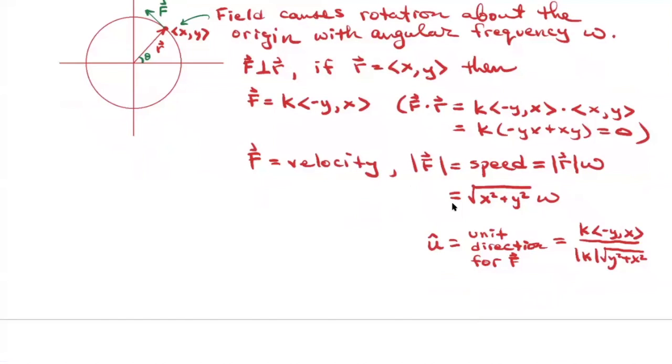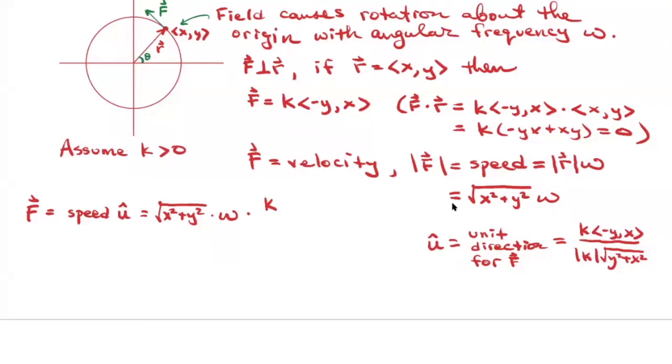If you put both of these together, the magnitude and the direction, the field has to be equal to the speed of the velocity vector times the direction of the field. The speed is the square root of x squared plus y squared times omega. And then the direction is just this k. We'll assume k is positive, so we're going counterclockwise around this.